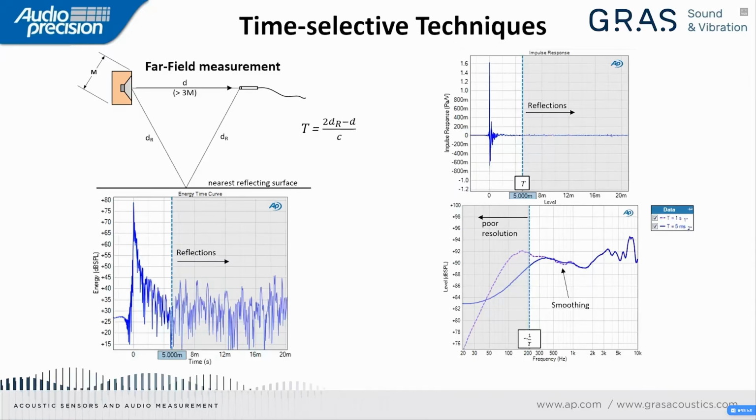And it effectively adds smoothing and also an area within the response graph, which is obviously contaminated by reflections.